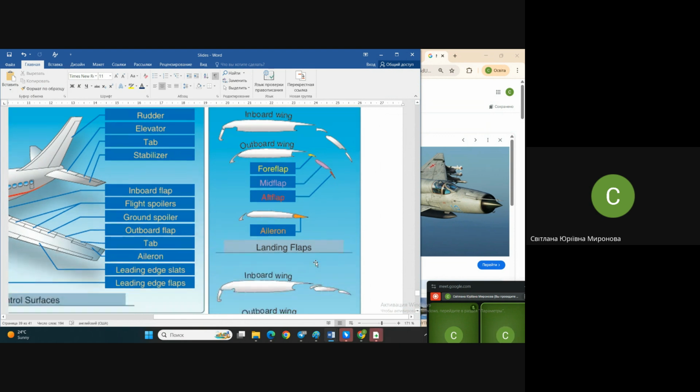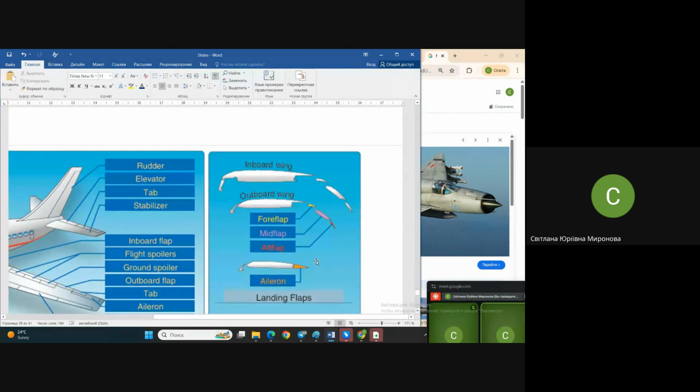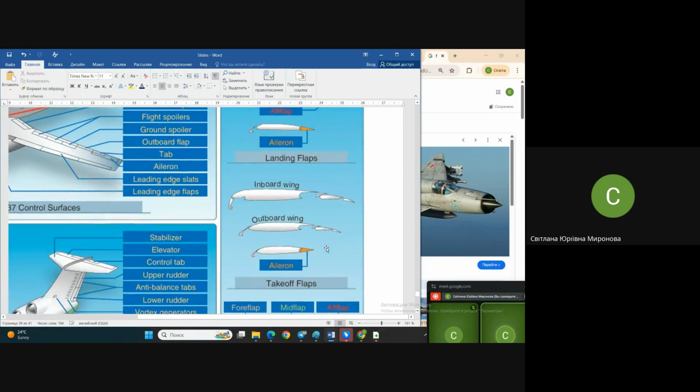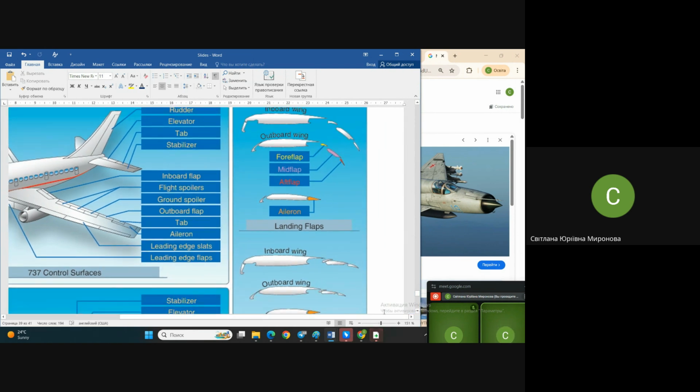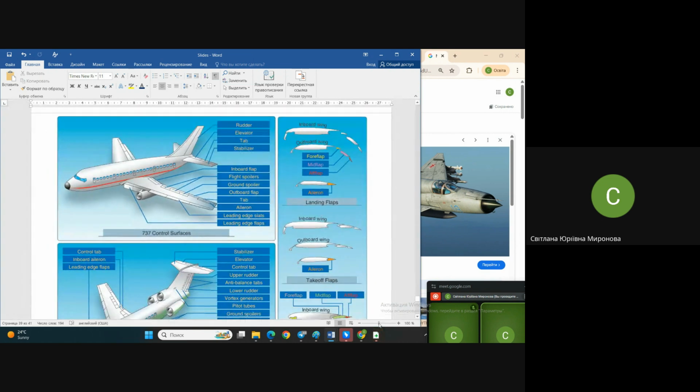Landing flap. We need to see it in comparison. I hope you see, guys.